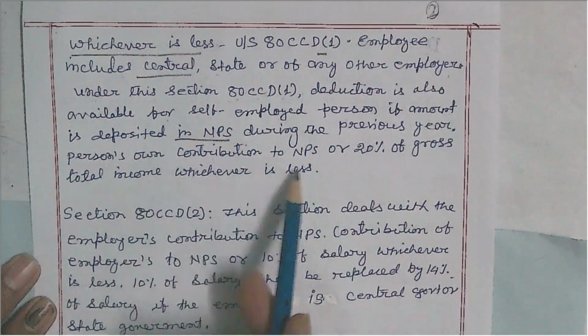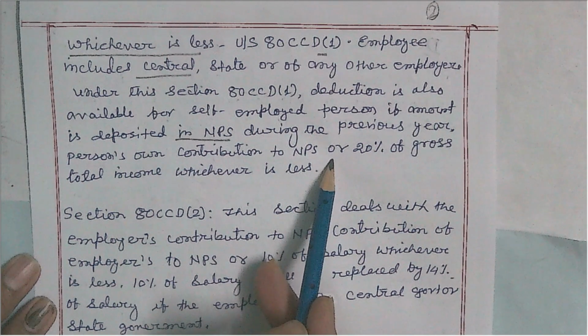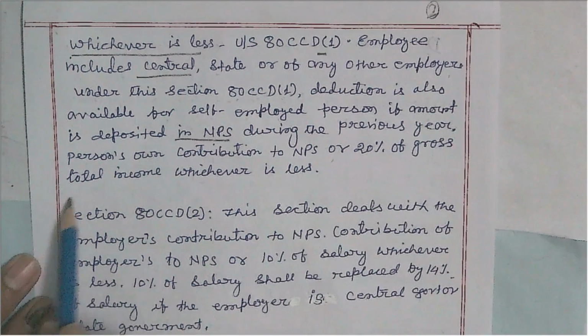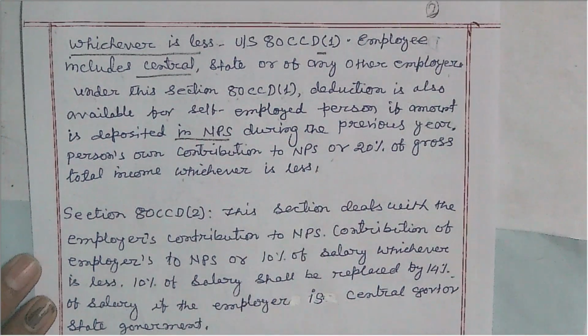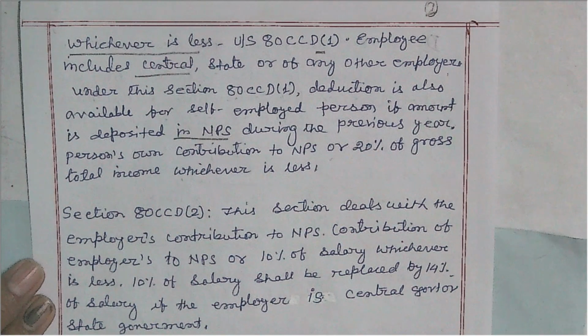The person's own contribution to NPS or 20% of gross total income, whichever is less, is eligible for deduction, since he is a self-employed person, not a salaried person.